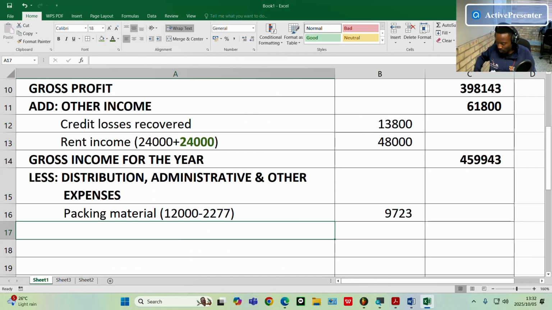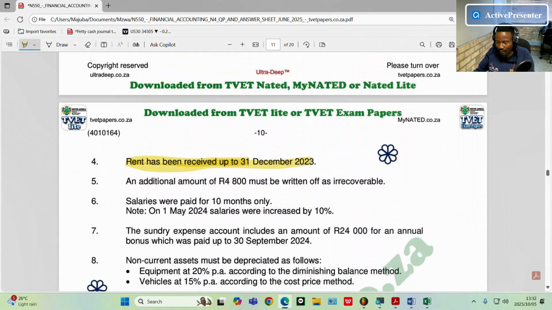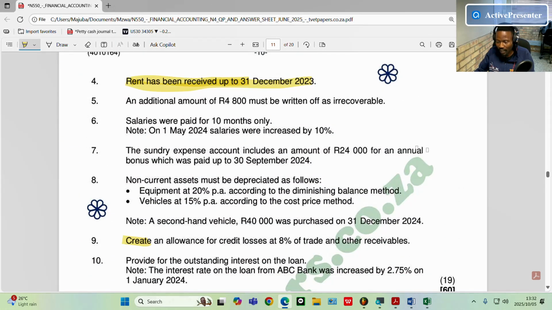Okay, told you guys I'll be using the question paper as well. Looking at the trial balance, I'll just go to the screen for adjustments. So credit losses, right? We've already written off 16,130, and we need to write off some more credit losses of 4,800.